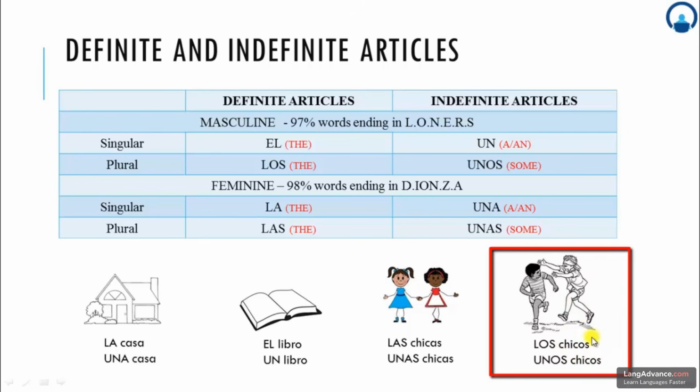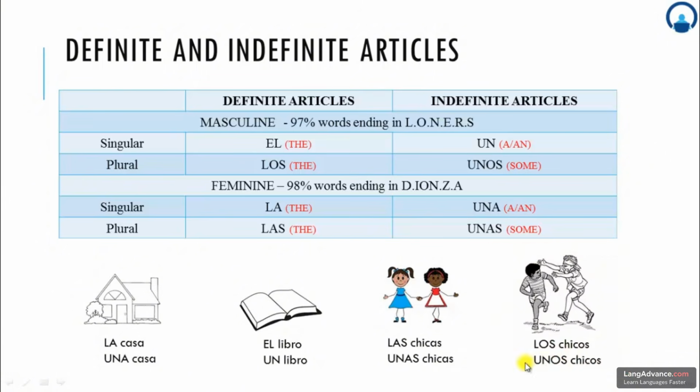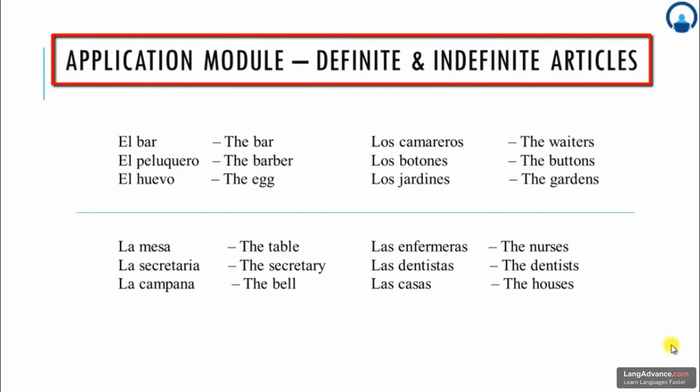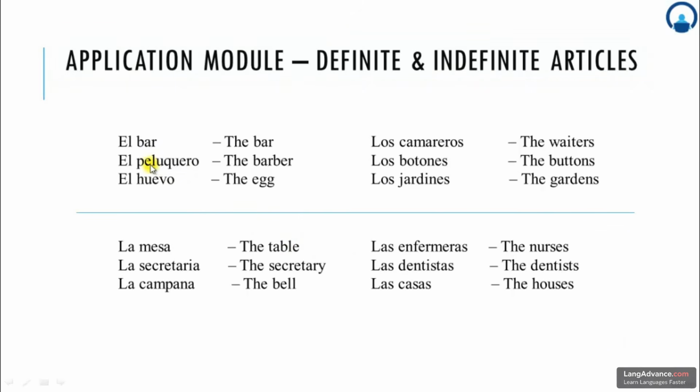So we use definite and indefinite articles of masculine and plural. So los chicos and unos chicos, that is the boys and some boys. Next we'll see some more examples of definite and indefinite articles. We'll read it one by one.